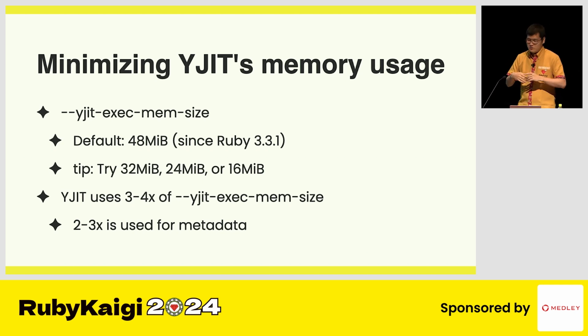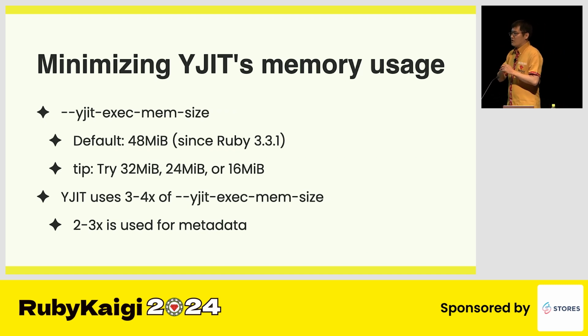One of the tricks we are currently recommending to the community is to tweak the parameter called YJIT exec mem size. This controls the number of bytes that are allocated for JIT code. By default, it's 48 MiB from 3.3.1. As of 3.3.0, that was 64.